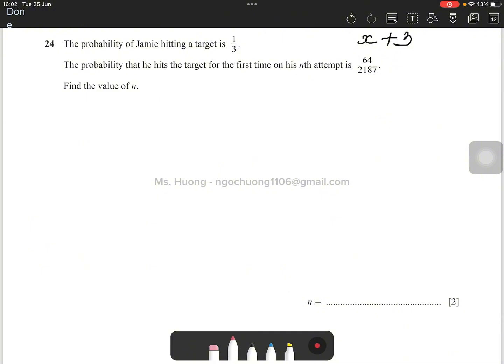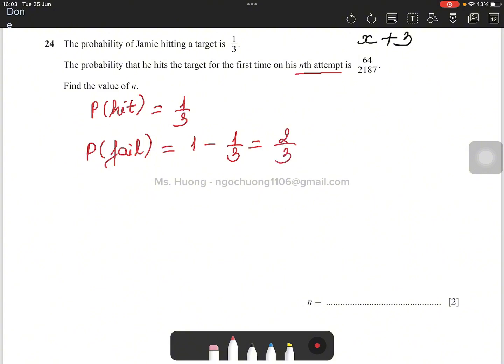Question 24. The probability of Jamin hitting a target is 1/3. The probability that he hits the target for the first time on his nth attempt is 64 over 2,187. So if the probability that he hits it is 1/3, the probability that he fails is 1 minus 1/3 equals 2/3.